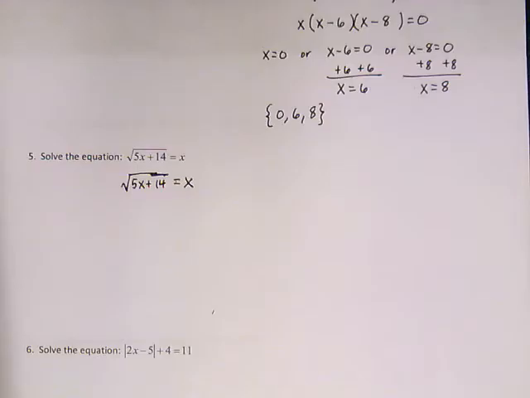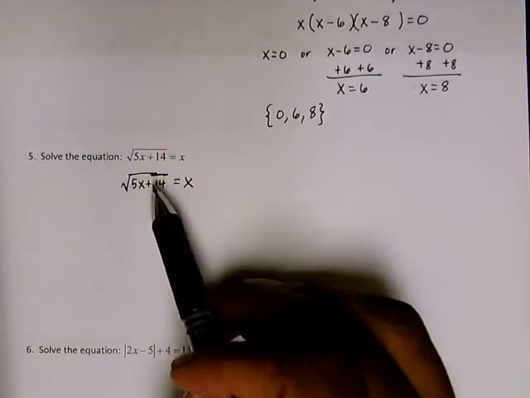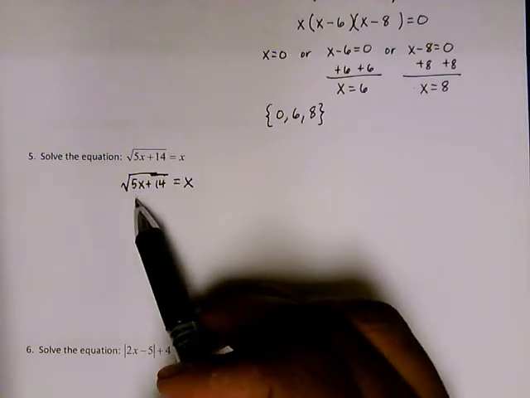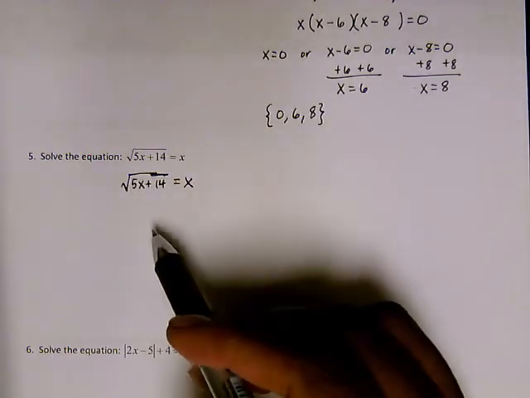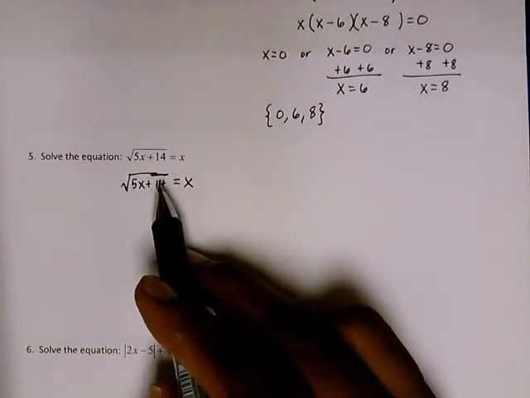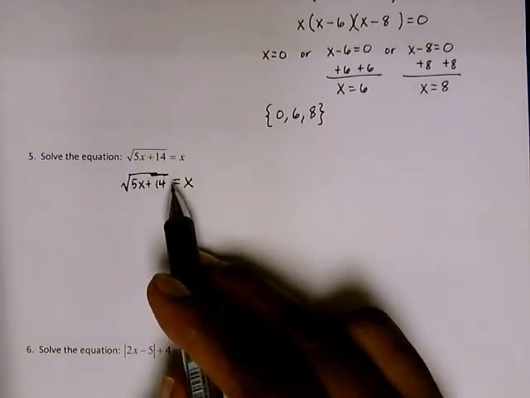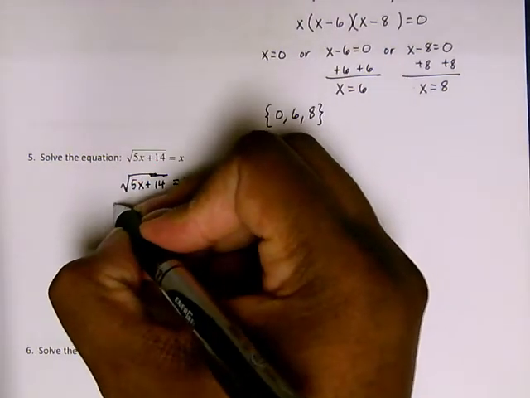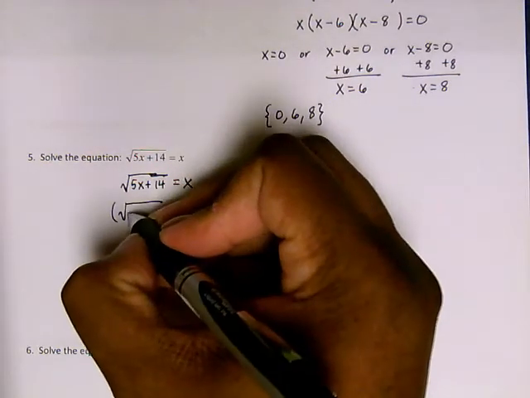Okay, so we're going to solve this radical equation. Notice that the radical is already by itself. It is the square root of 5x plus 14. So the opposite of taking the square root would simply mean we need to take the square on both sides.